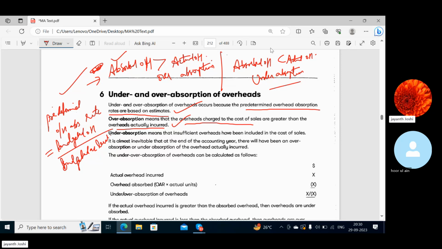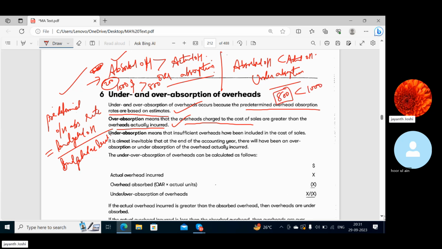Let's say if the absorbed overheads is $1,000 and actual you have incurred 800, so it is over absorption, right? You have shown 200 extra. Here if it is 800 less than 1000, here you have shown 200 less, under absorption, right?